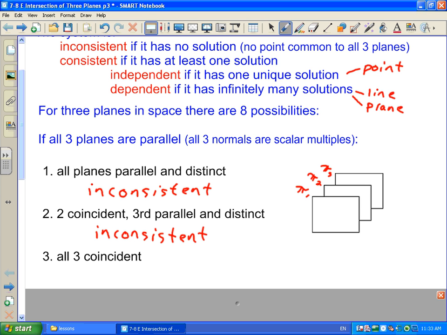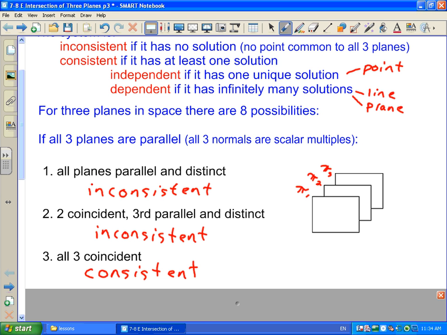Now, in this case, is the system going to be consistent or inconsistent? What do we think? Absolutely. Because we are definitely going to have, if all three planes are basically the same, then any point that is on one plane is automatically going to be on the other 2 planes. So our system is going to be consistent here.